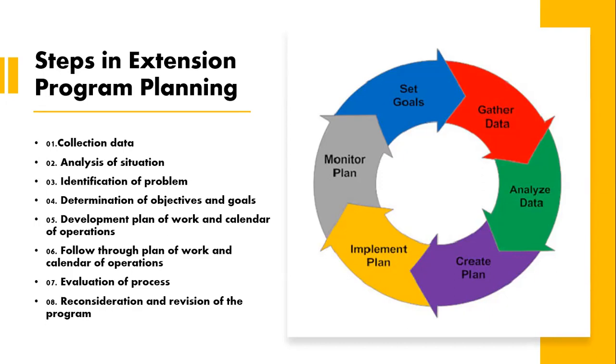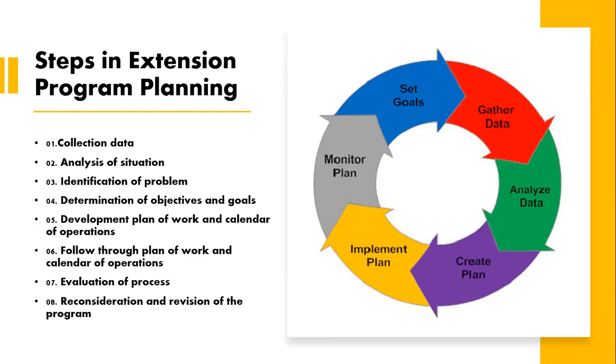Then we define the determination of the objectives and goals. We define what the objectives of this program are, and what the goals of the programs are. Then we develop the work plan, the plan of work, and the calendar of operations.